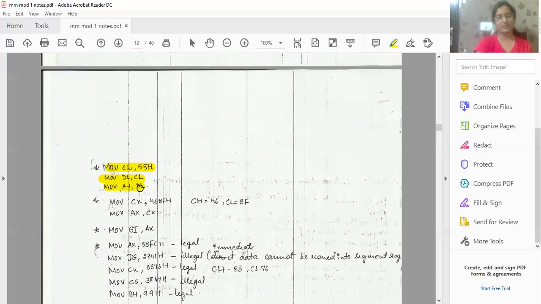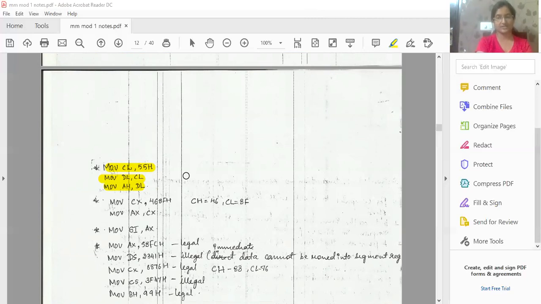Now MOV CX, 468FH. CX is the destination register. 468F is the immediate data here, 16-bit data. So 16-bit data is moved into a 16-bit register, right? So how is that done?